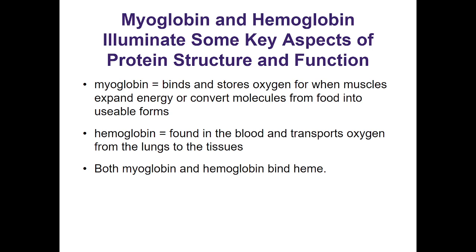Hemoglobin is the version of that found in the blood, and this will transport the oxygen from the lungs to the tissues. Both myoglobin and hemoglobin use the same group, the heme, to bind that oxygen. Okay?